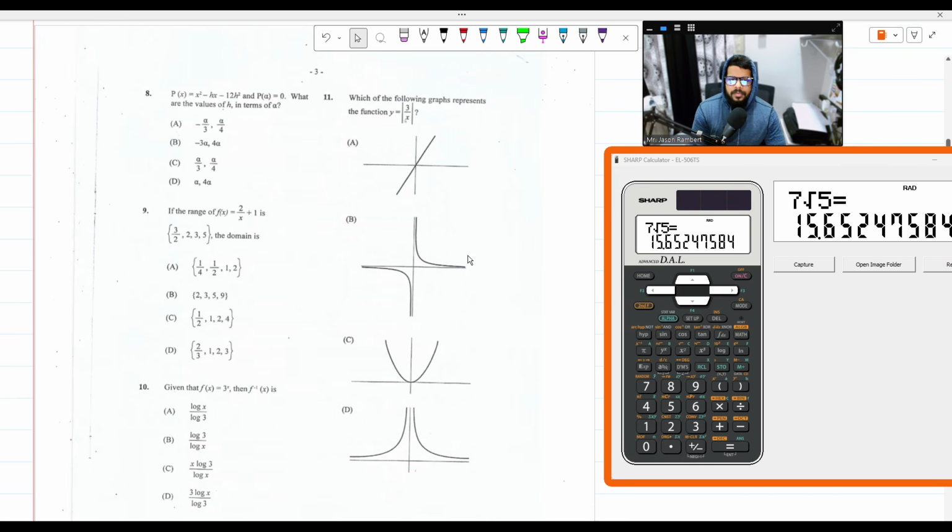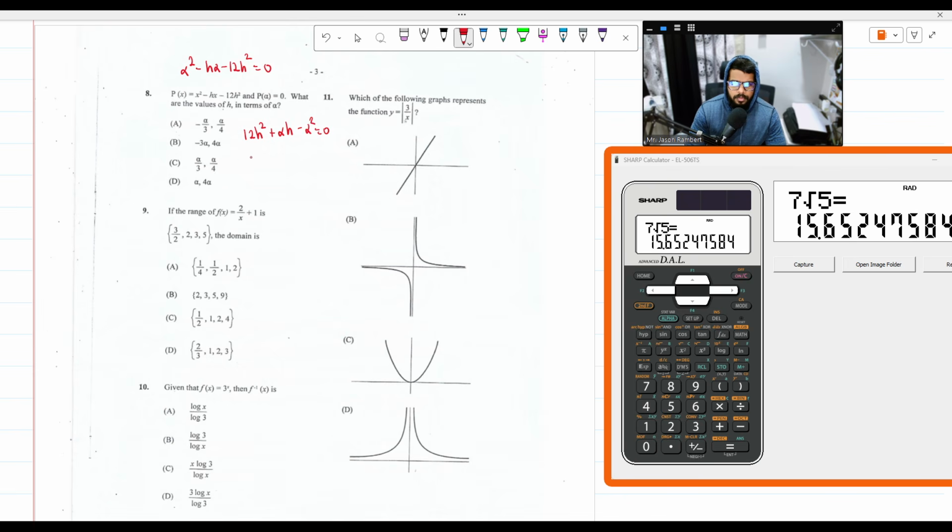I can't remember if this one was minus alpha on 3 and alpha on 4. I know how it reduced when we bring the quadratic in terms of h. We would get alpha squared minus h alpha minus 12h squared is equal to 0. Bring this in terms of h to get 12h squared plus alpha h minus alpha squared is equal to 0.